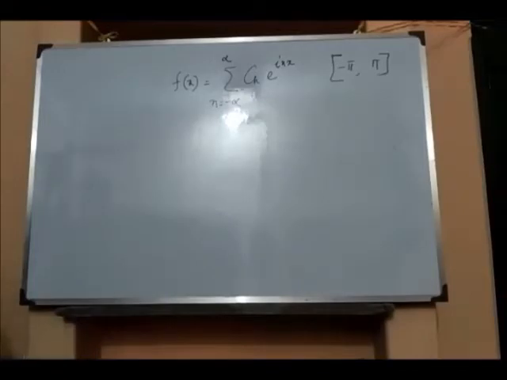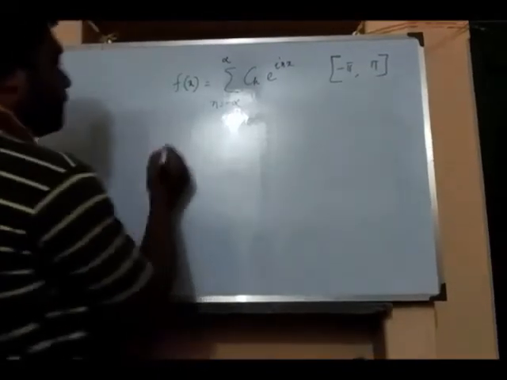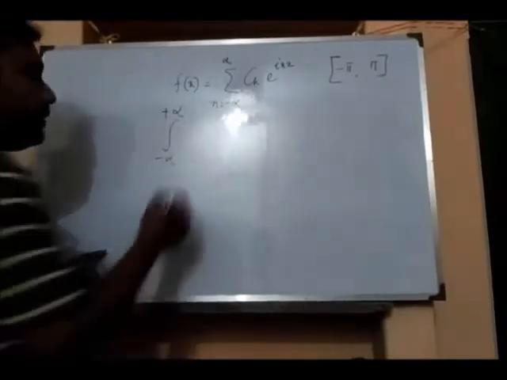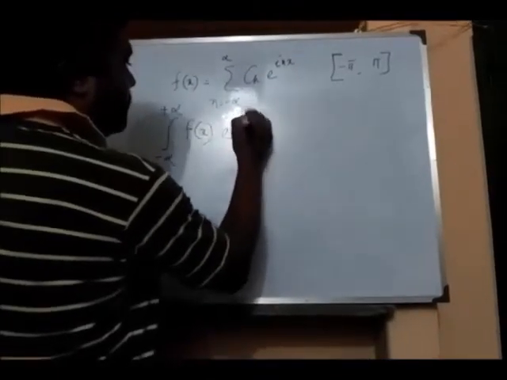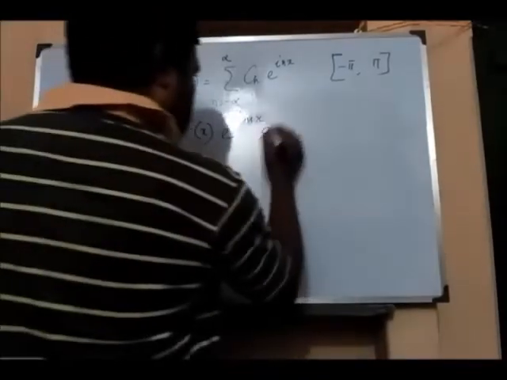Now if you integrate the whole thing by multiplying by e to the power i m x, where n is the dummy index, you have to integrate from minus infinity to plus infinity f(x) e to the power minus i m x times dx.